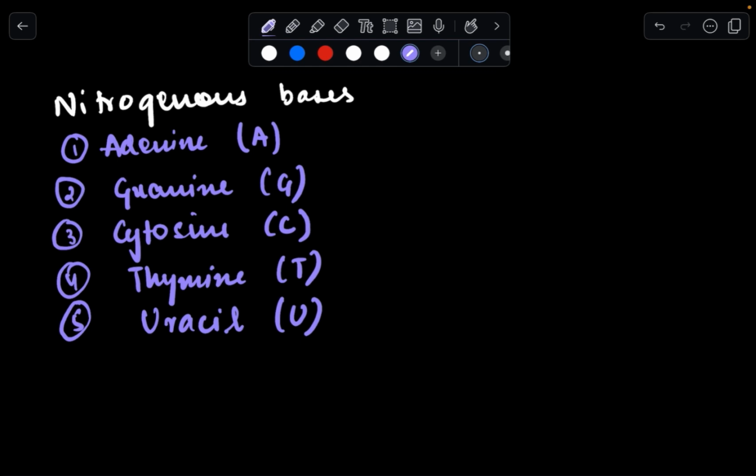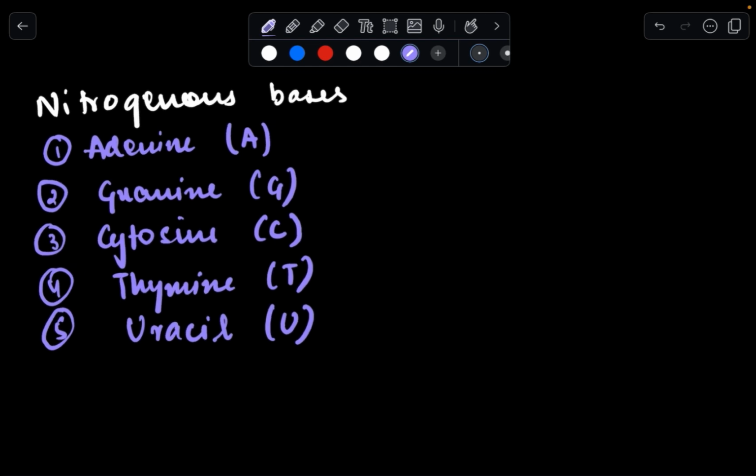So these bases, adenine, guanine, cytosine and thymine, are found in DNA, but in RNA, instead of thymine, we have uracil.